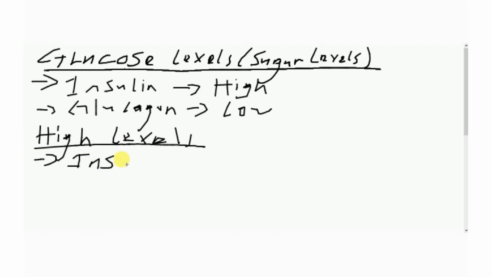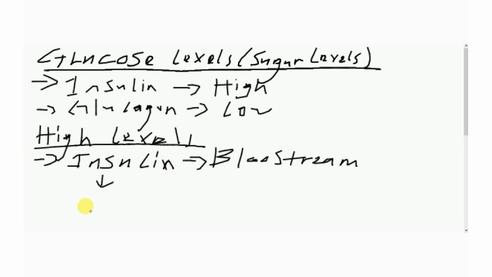So here the first thing is that the hormone insulin is produced, and this insulin is transported into the bloodstream. Remember that insulin comes from the pancreas.